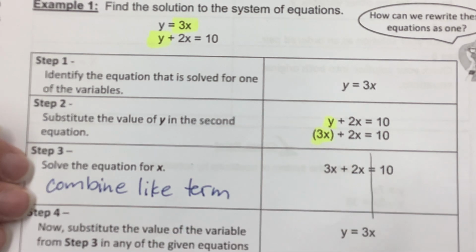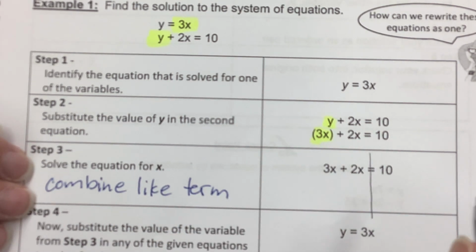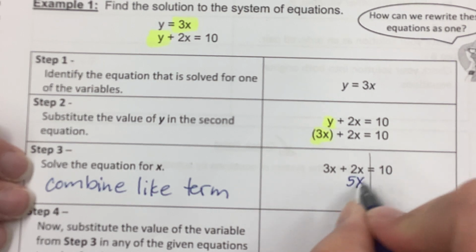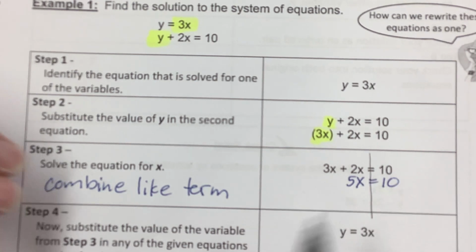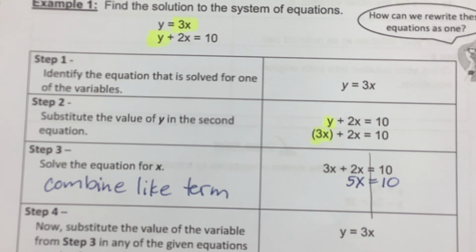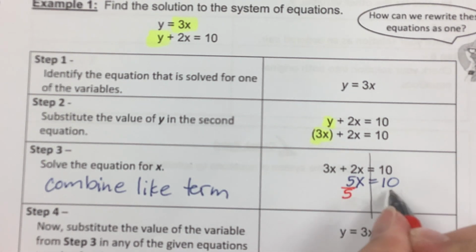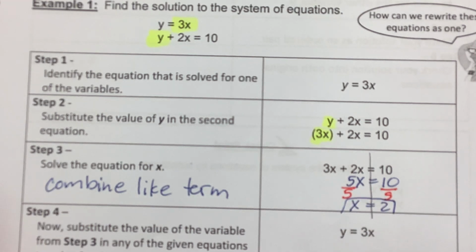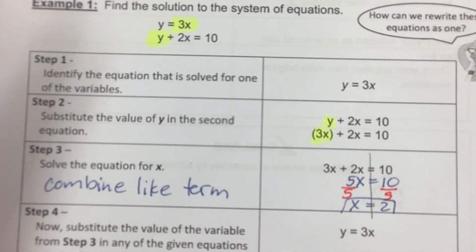In order to solve for x, or solve this equation, I need to combine 3x plus 2x to get 5x equals 10. I'm going to divide both sides by 5, and I get x equals 2. Put a little box around it. That's half of my solution. Remember, a solution for a system has two numbers, an x and a y.